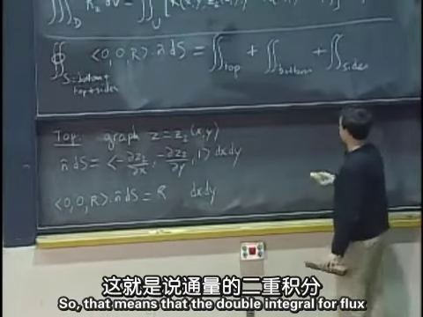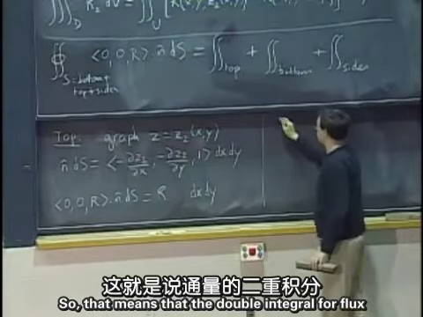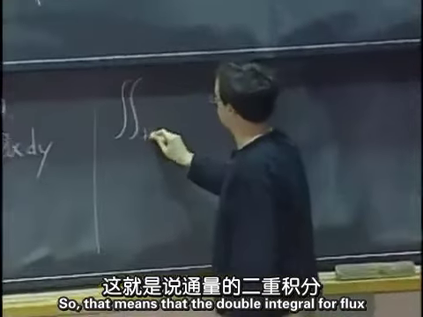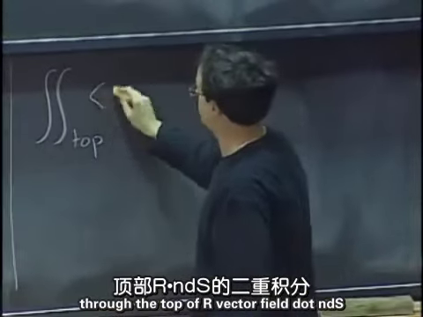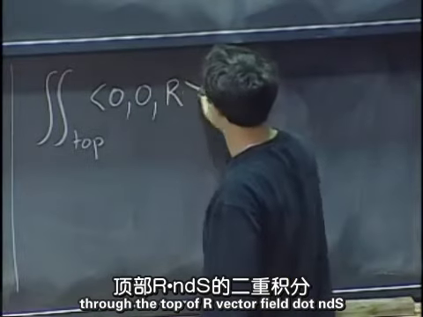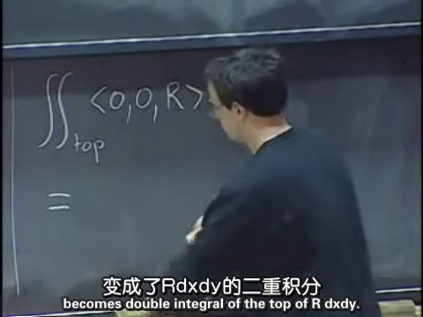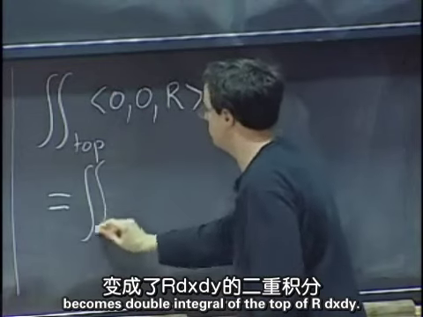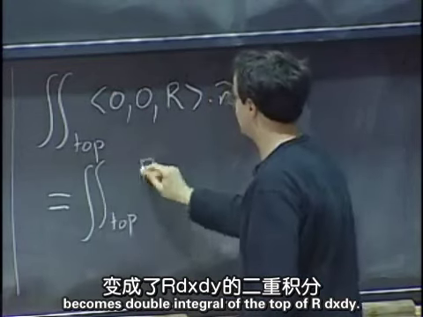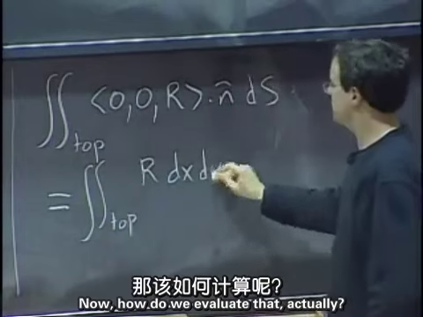So that means that the double integral for flux for the top of our vector field dot n dS becomes the double integral over the top of R dx dy. And now how do we evaluate that actually?